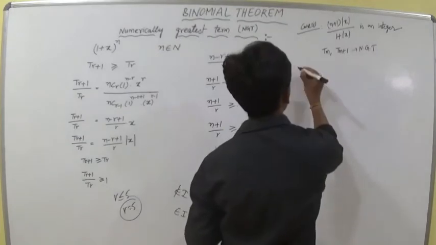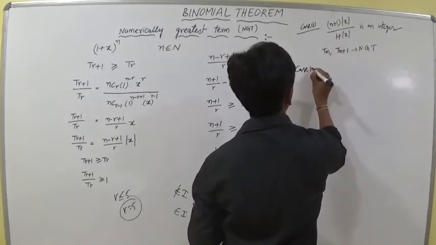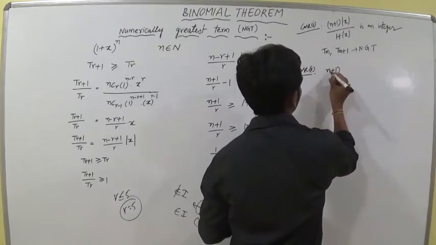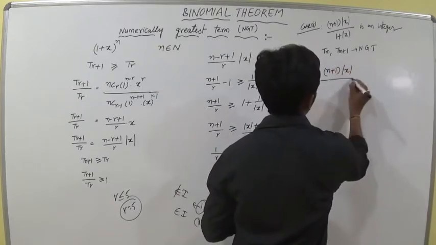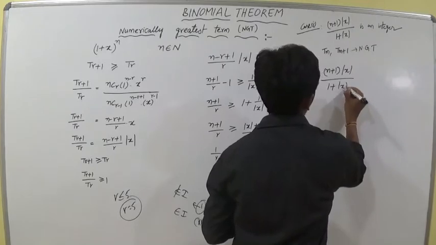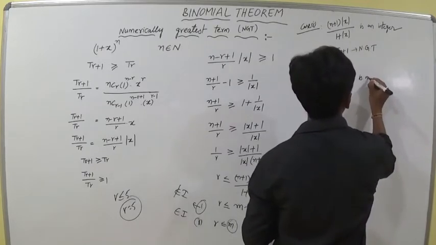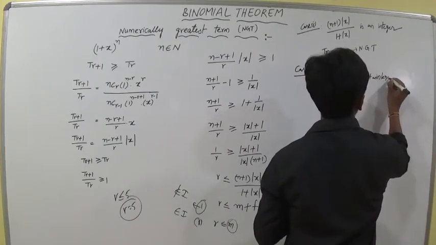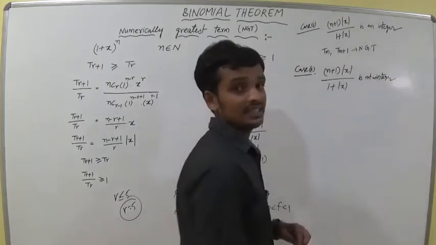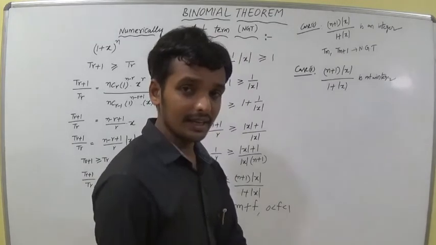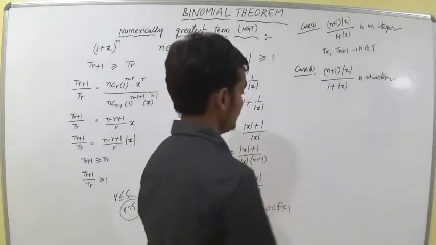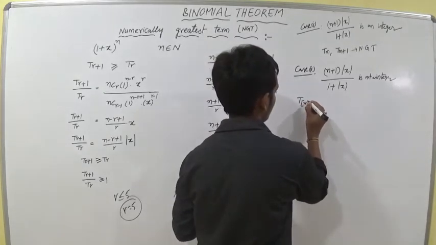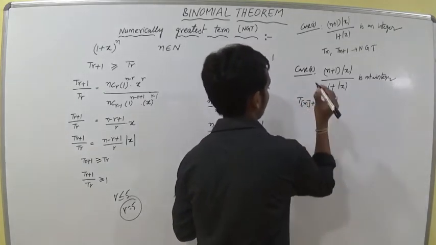Otherwise, case 2. In this case, (n plus 1) into mod x by (1 plus mod x) is not an integer. This time, the numerically greatest term is T of the greatest integer of m plus 1.